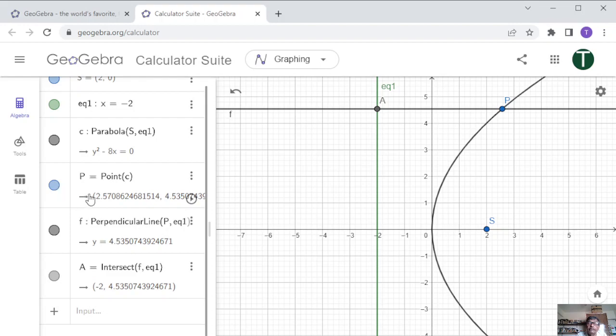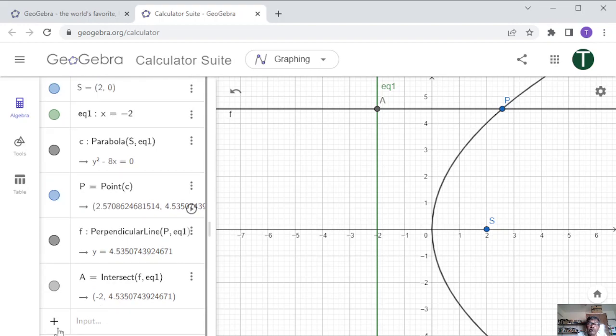Now, this is point P, so I am interested to find out the line segments PA and PS.